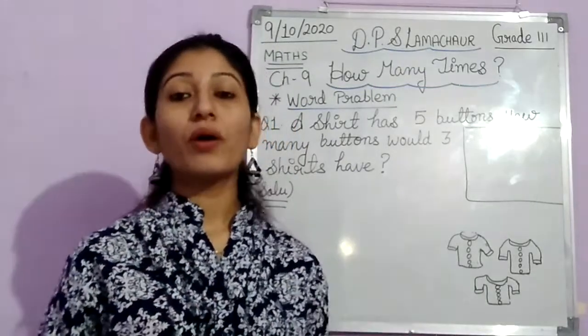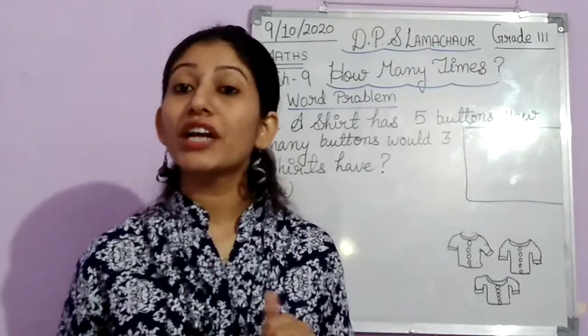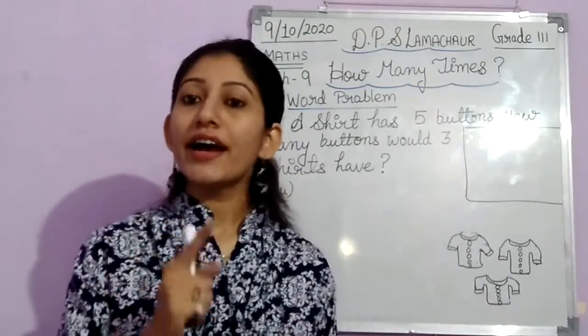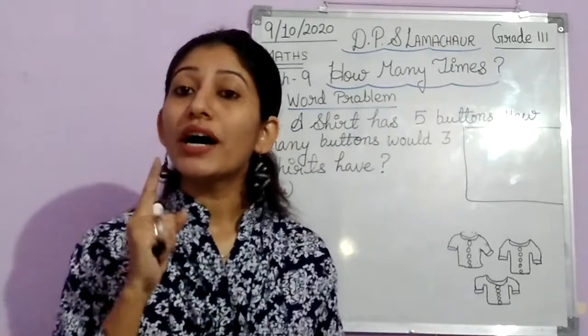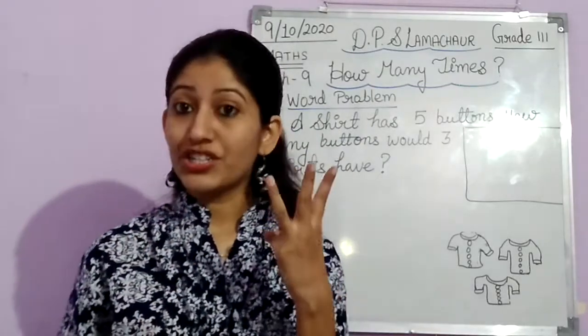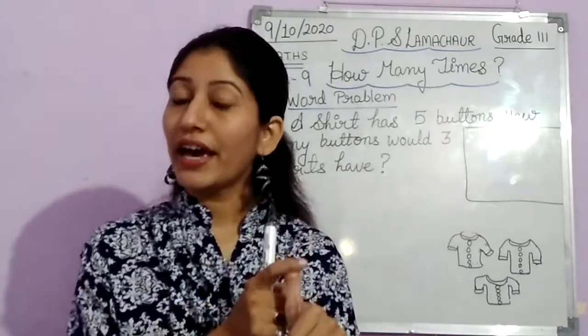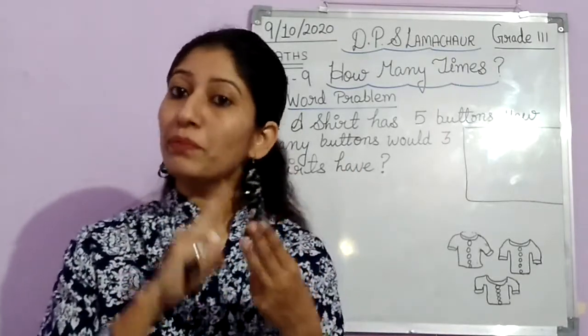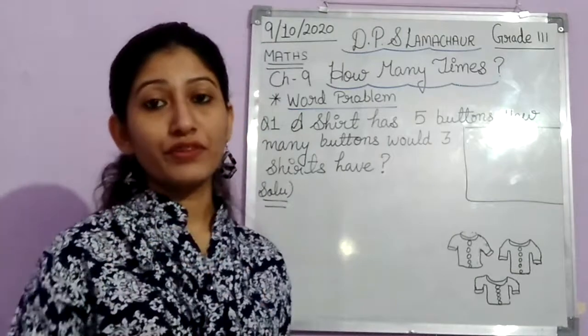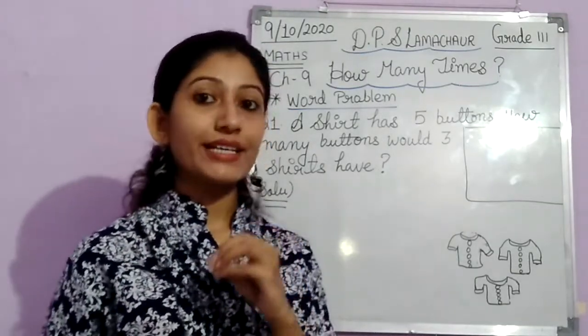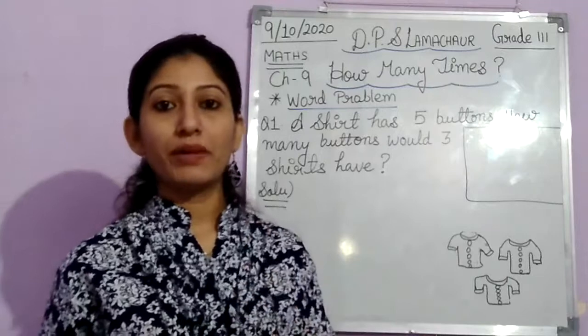Because in this word problem they have given information about one shirt and they are asking us about 3 shirts. यहाँ पे इंफॉर्मेशन 1 शर्ट से रिलेटेड दी है और 3 शर्ट्स के बारे में पूछ रहे हैं. So one thing is clear that we will do multiplication.